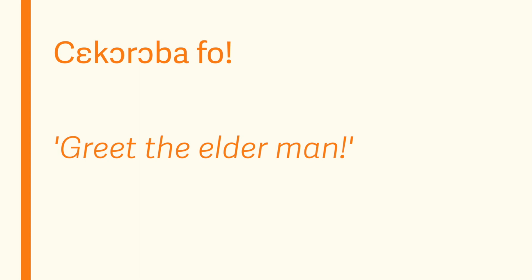Che koroba fu. Or if you realize how helpless you are while you're learning a new language and navigating a new culture, you might look at someone and say, ndeme, meaning help me, or literally, mi, help, deme, ndeme.